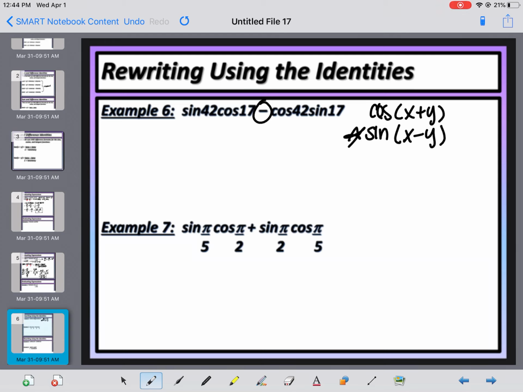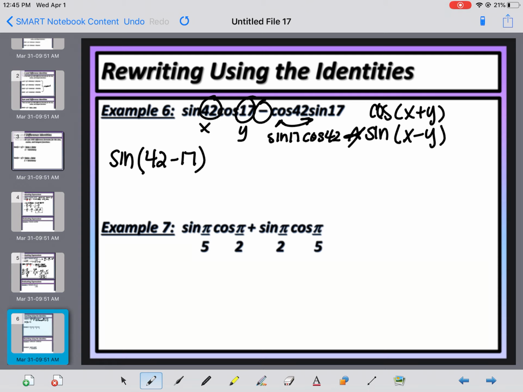Over here, you could change the order of those, because in the formula you wrote down it's sine cosine, which would make your x value 42 and your y value 17, meaning we're doing 42 minus 17.